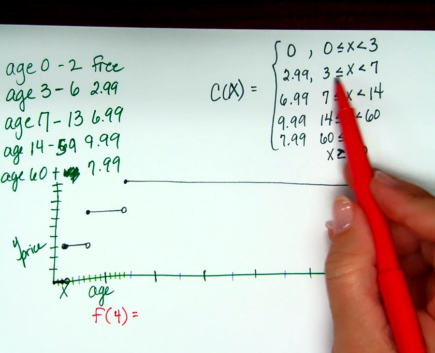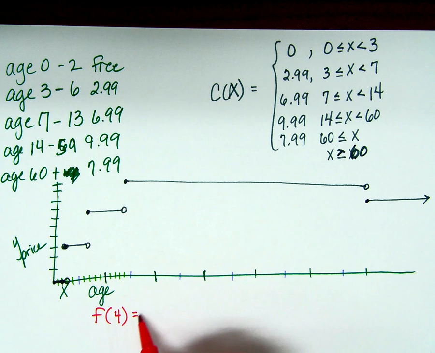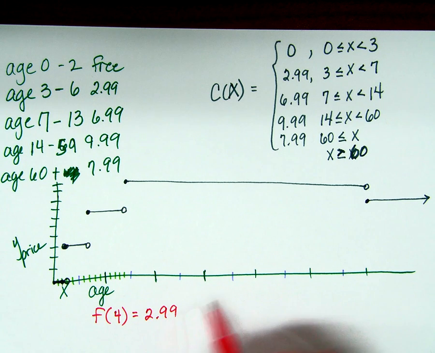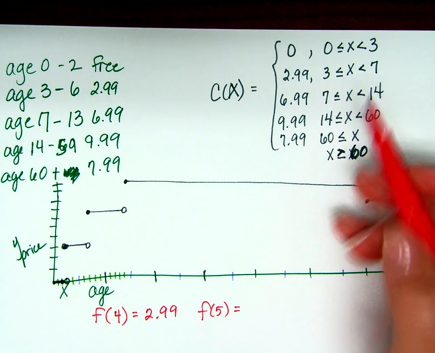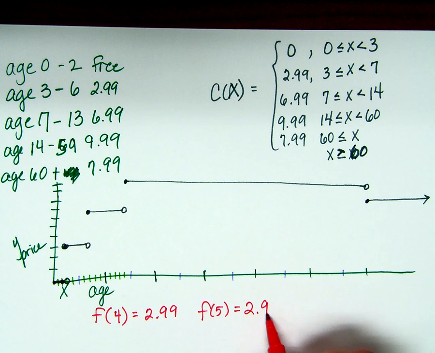Right here. It's in between 3 and 7, isn't it? So f of 4 is $2.99. Well, what's f of 5? Wait, except f of 4 is 299. So can f of 5 also be 299? Yeah, as long as it lies in the same domain, it's still 299.